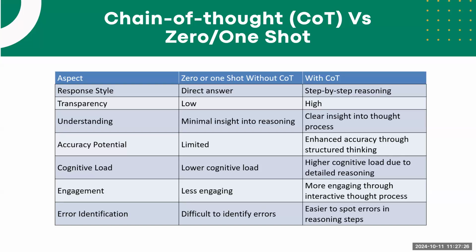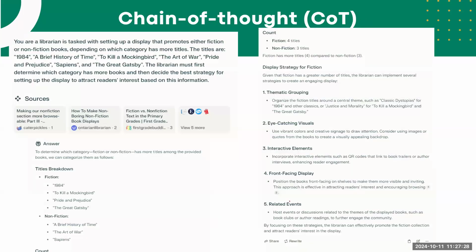So here's just an example of chain of thought. This is where we're asking the AI to give us the answer step by step. Now, we don't always have to be explicit in explaining what we want, which is sometimes a bit of a disadvantage.